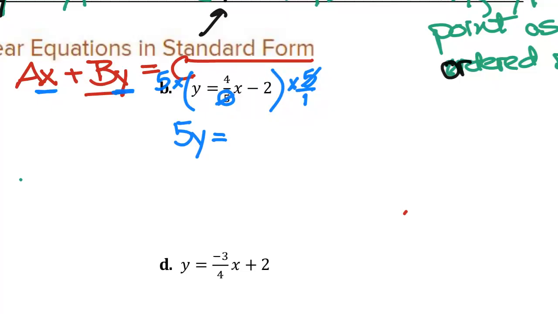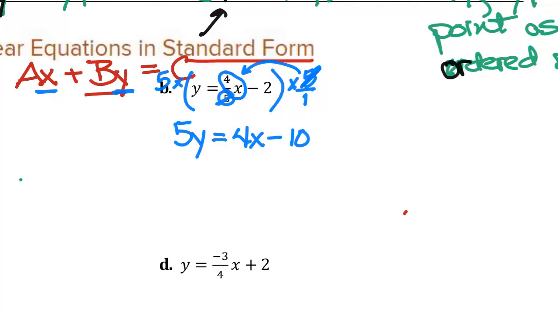After I distribute that 5, I have 4x. Because the 5 on the bottom and this 5 simplify out. And so I'm left with 4x for that first term to the right. Then I still need to take 5 times negative 2. Well, you're dividing by 5, so you're multiplying by 5. You're just undoing it.